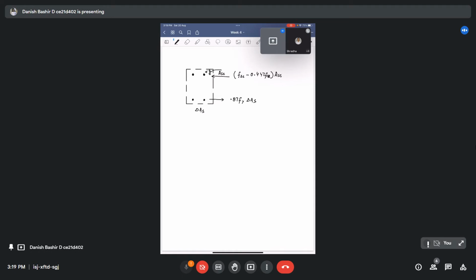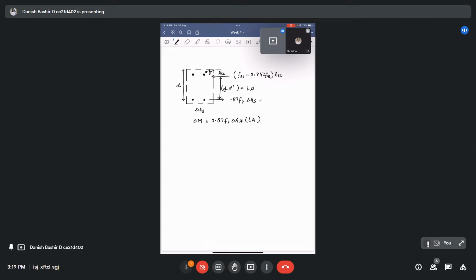Let it be D dash up to the centroid of the steel, and we have already effective depth up to the centroid of the bottom steel. So what our lever arm becomes? It becomes D minus D dash, such that we will get that additional delta M moment capacity. Delta M moment capacity will be this 0.87 Fy delta AST times lever arm. This is lever arm.